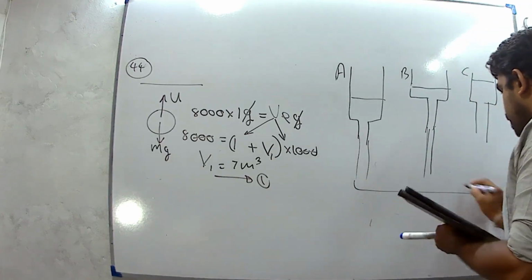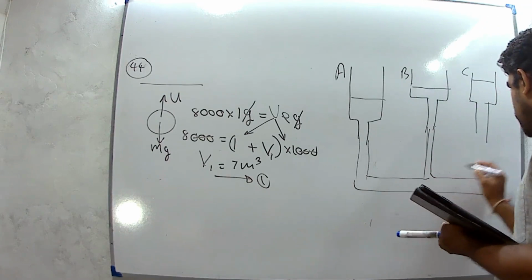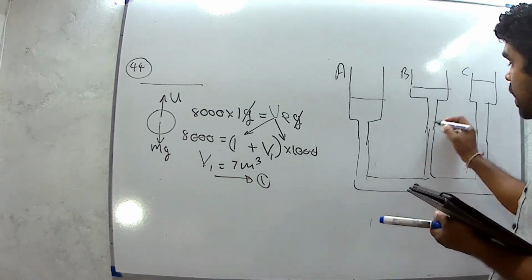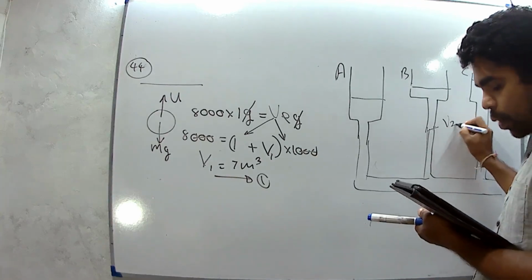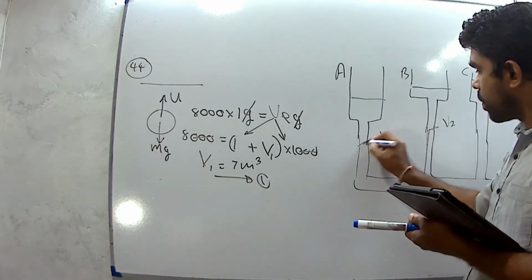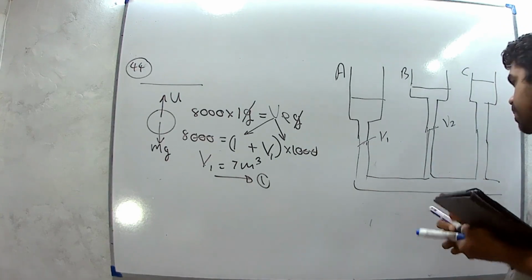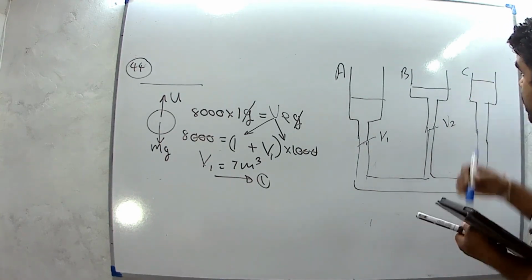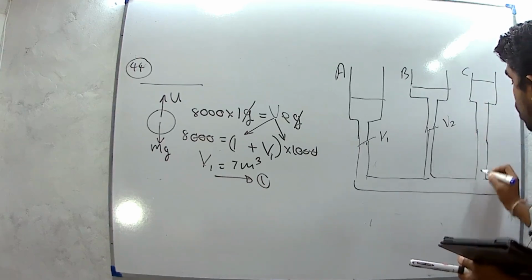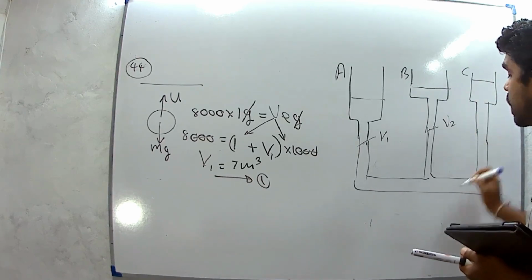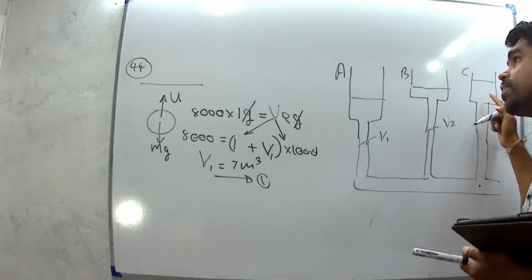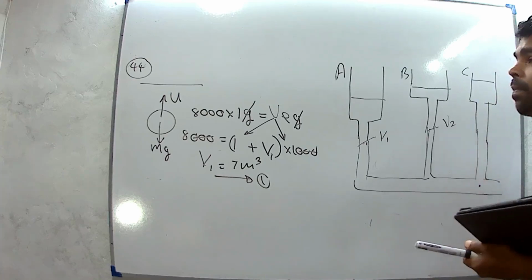When these two valves V2 and V1 are opened, for the initial situation, the pressure at this point due to C is greater than the pressure at this point because there is a maximum height.